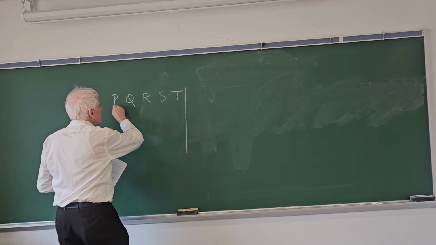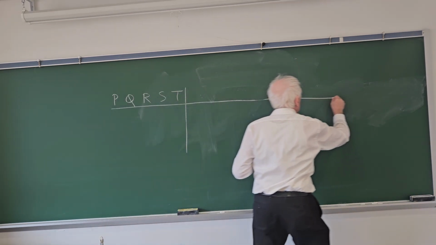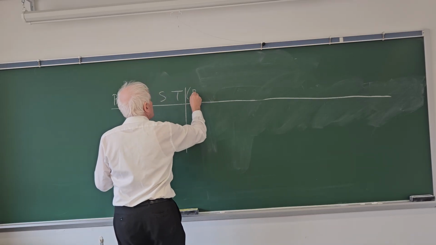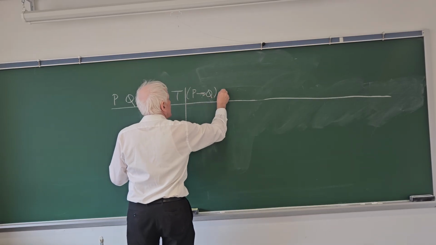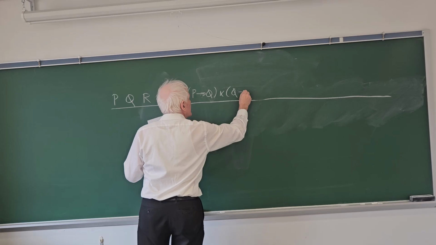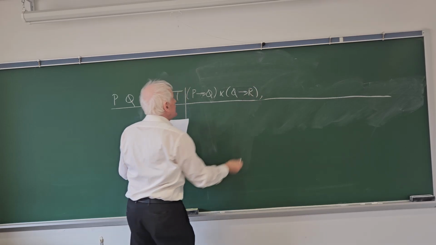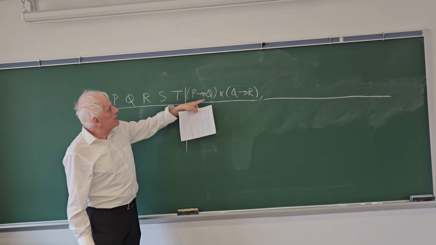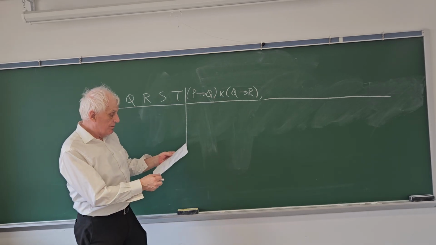So 5 atomic sentences, and we have the first premise is a conjunction of two conditionals, where you notice the consequent of the first conditional is the antecedent of the second.